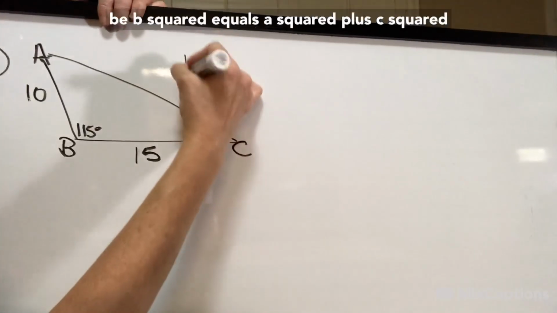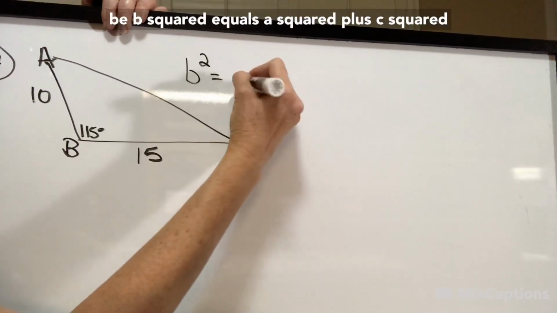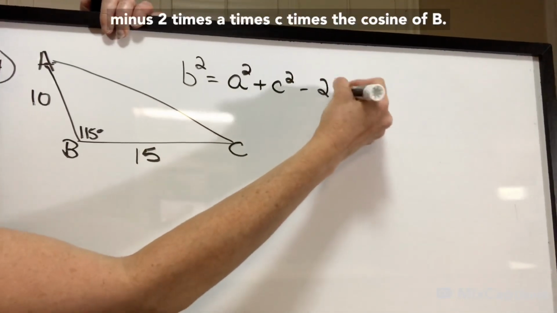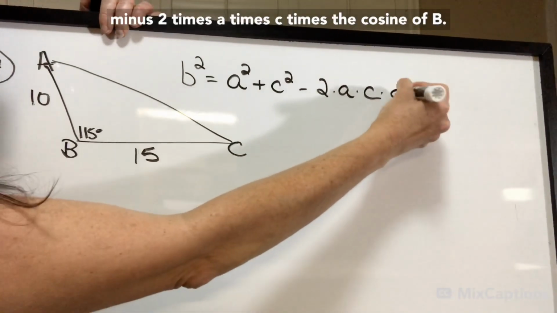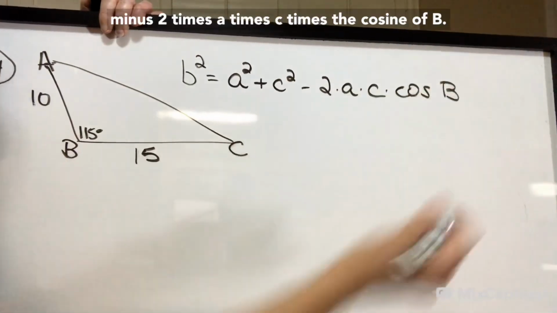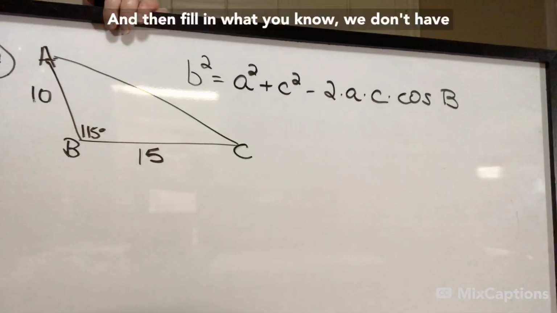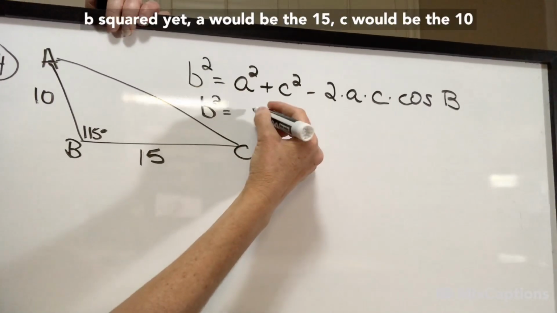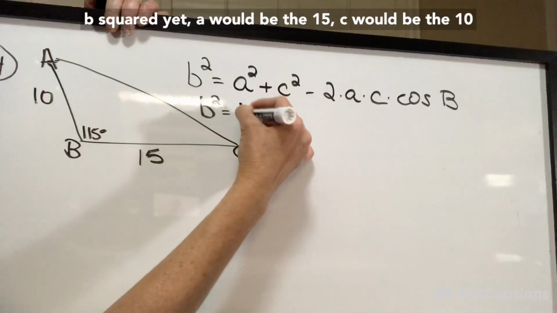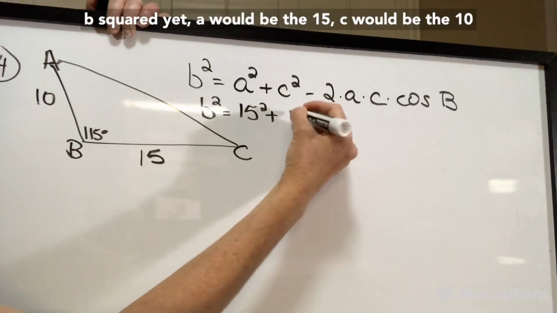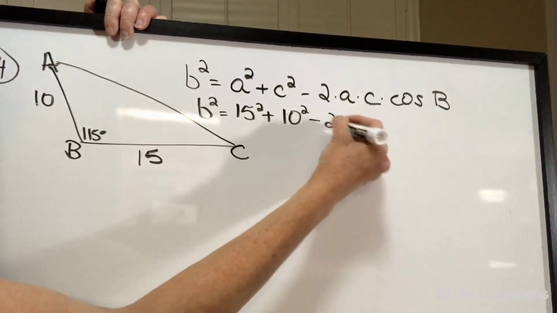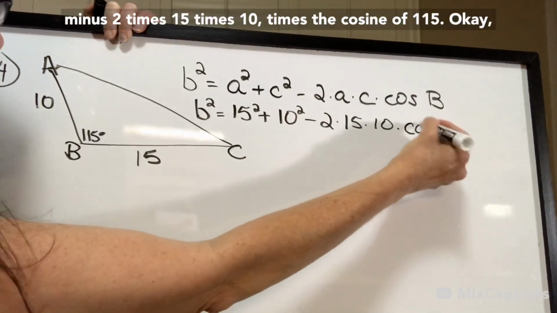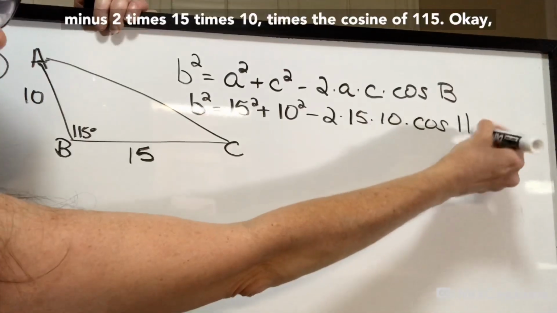So it would be B squared equals A squared plus C squared minus 2 times A times C times the cosine of B. And then fill in what you know. We don't have B squared yet. A would be the 15. C would be the 10. 2 times 15 times 10 times the cosine of 115.